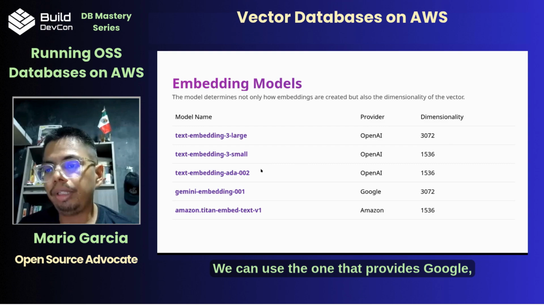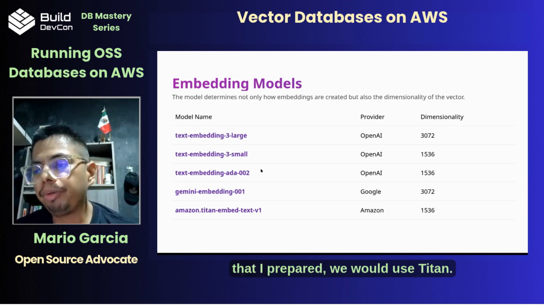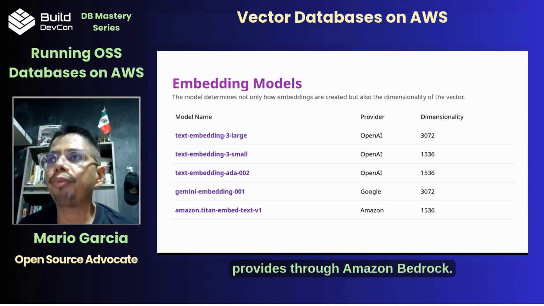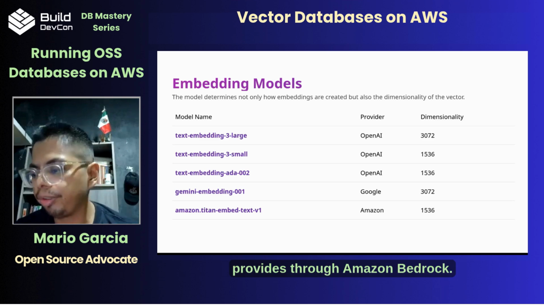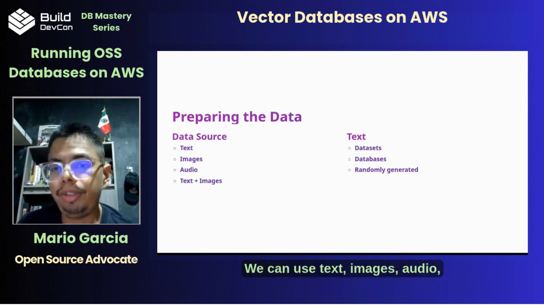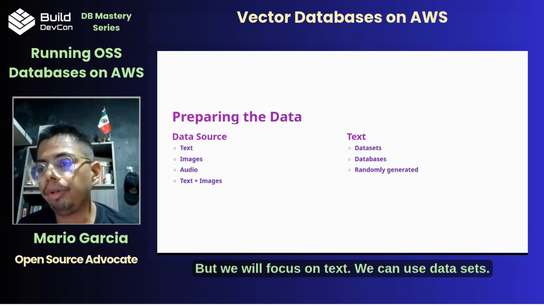We can use the one that Google provides, but for the demo that I prepared, we will use Titan, which is one of the models that Amazon provides through Amazon Bedrock. We can use text, images, audio, and a combination of text and images as data sources, but we will focus on text.